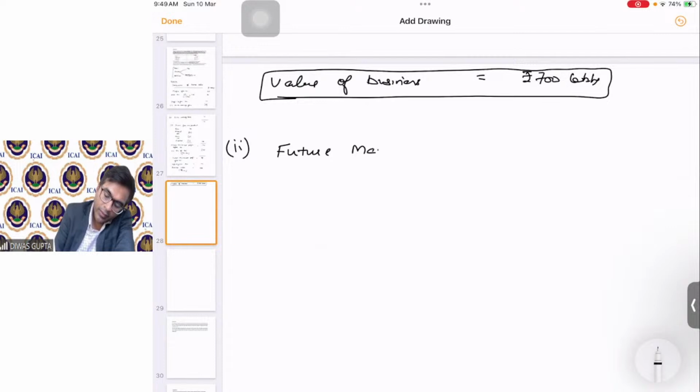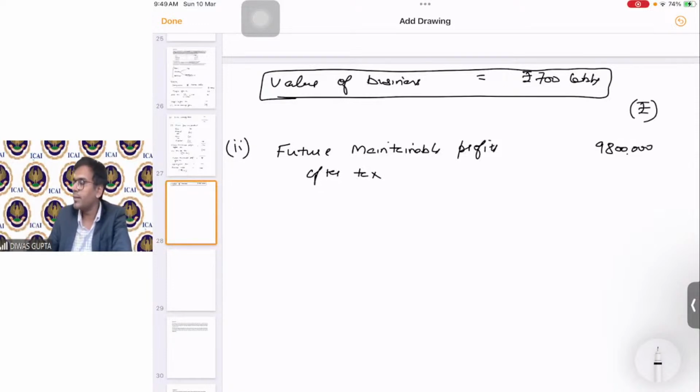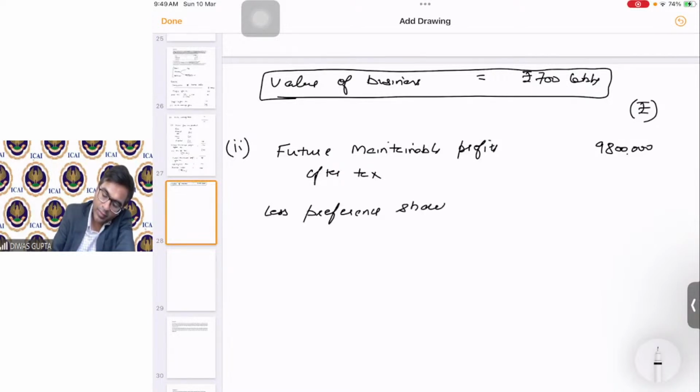Future maintainable profits after tax of 98 lakh rupees. Correct? Less preference shares dividend.